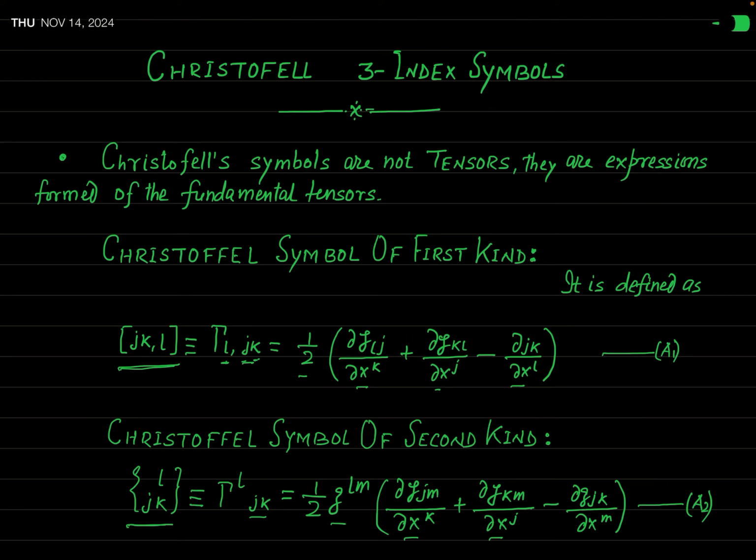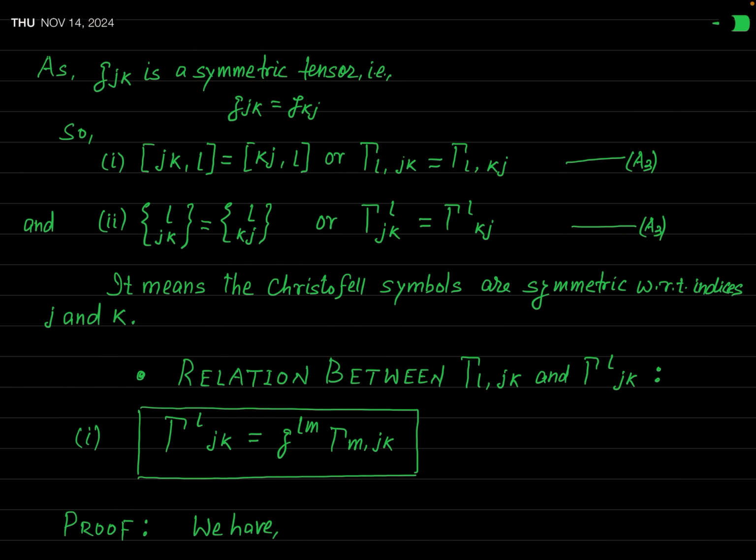Now you know that these metric tensors, that is g_jk or g^ij, are symmetric tensors. So utilizing the property of symmetry of this tensor g_jk, when you say that g_jk is symmetric, it means g_jk is equal to g_kj.